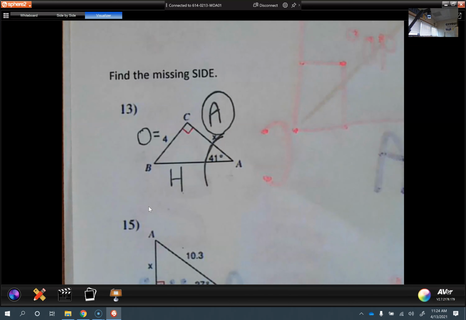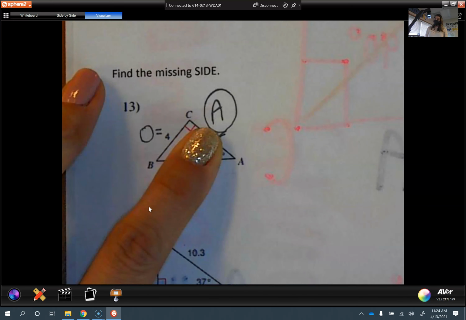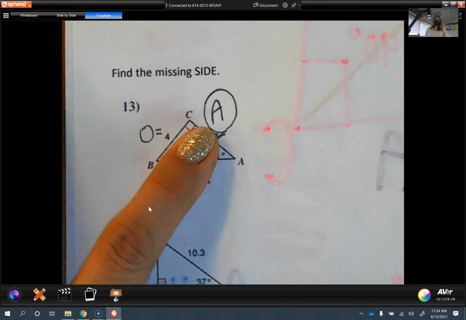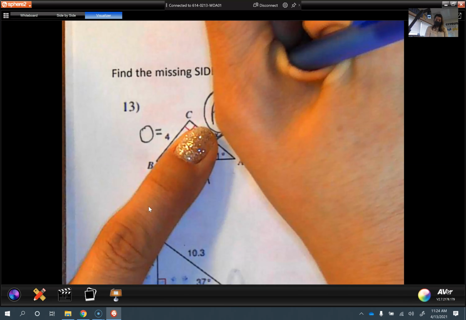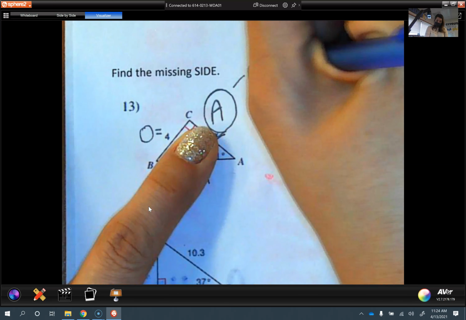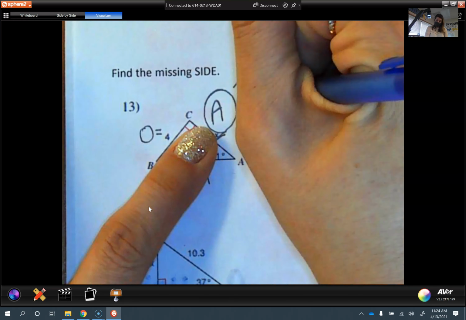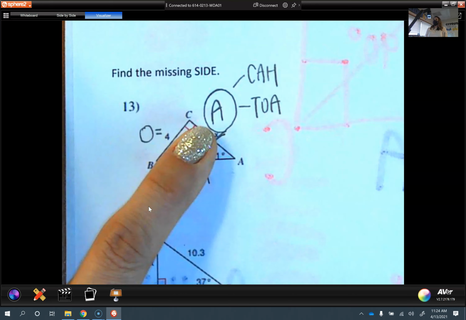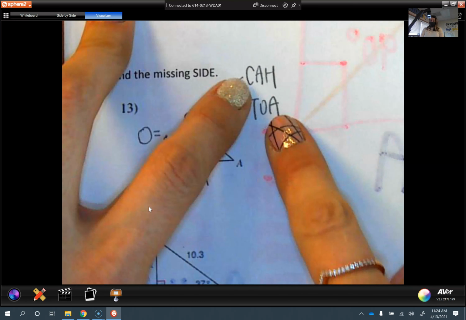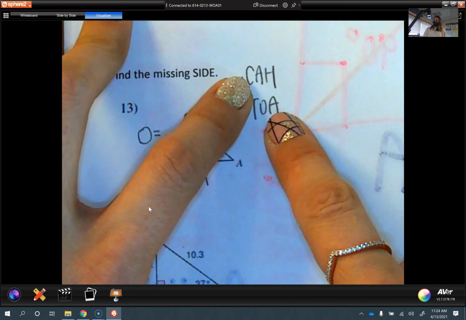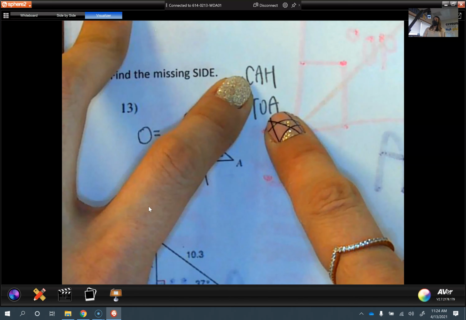Based off of that, we have to use a trig ratio. So I'm going to write down the 2 trig ratios that include A. We could use CAH, cosine, or TOA, tangent. I'm choosing these because they both have the A. That's what I want to find.